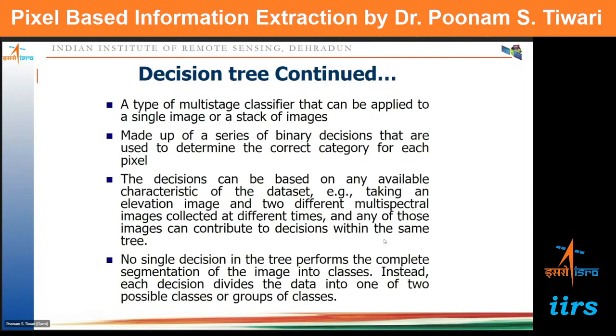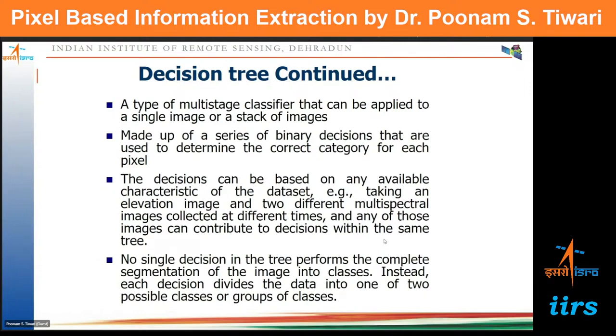It is made up of a series of binary decisions that are used to determine the correct category for each pixel. The decisions can be based on any available characteristics of data. For example, taking an elevation image and two different multispectral images collected at different times, and any of those images can contribute to a decision within the same tree.